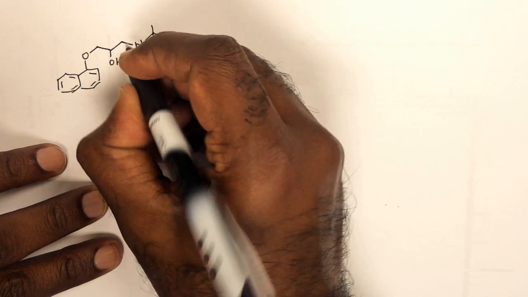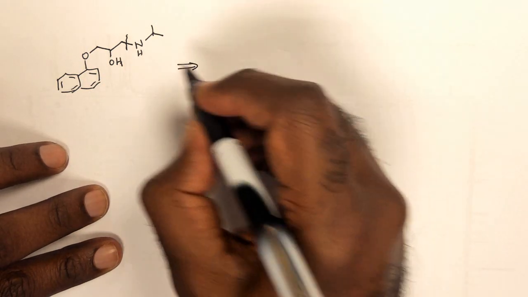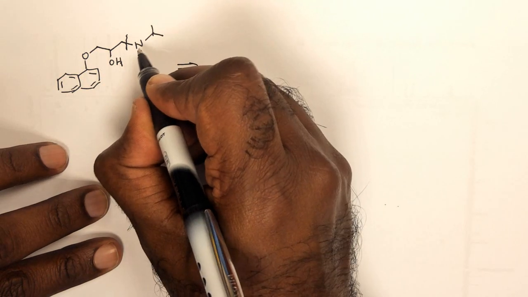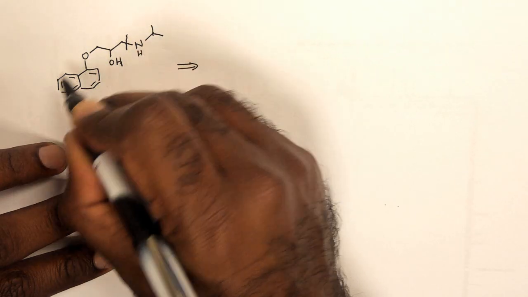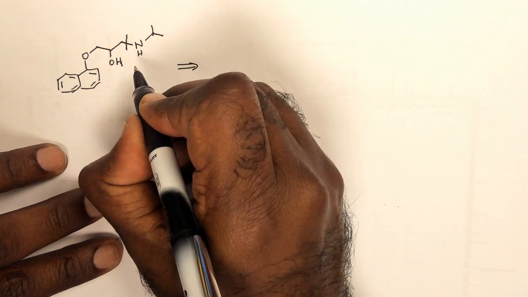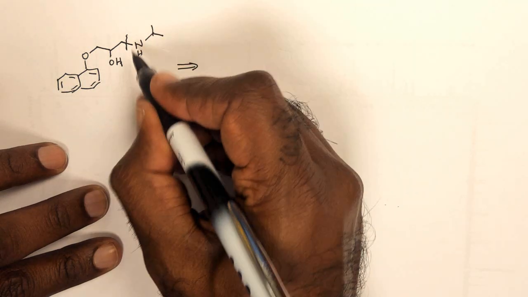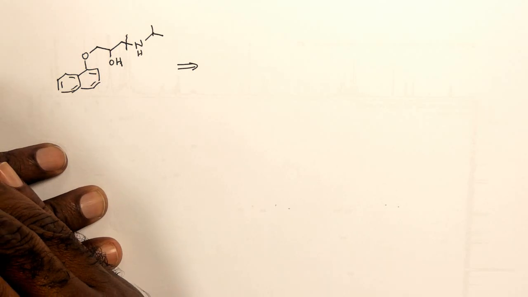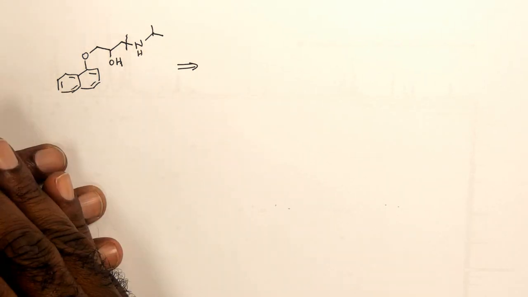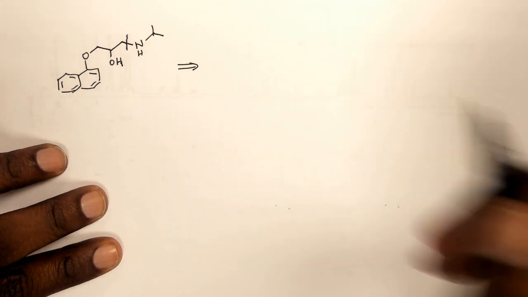If I disconnect here, what normally happens is that firstly I am separating the more reactive nucleophile from the rest of the molecule. If I do that, I don't have to worry about that nitrogen nucleophile in subsequent steps, as if I added it at the beginning of the synthesis, I would have to worry about it in each of the subsequent steps.